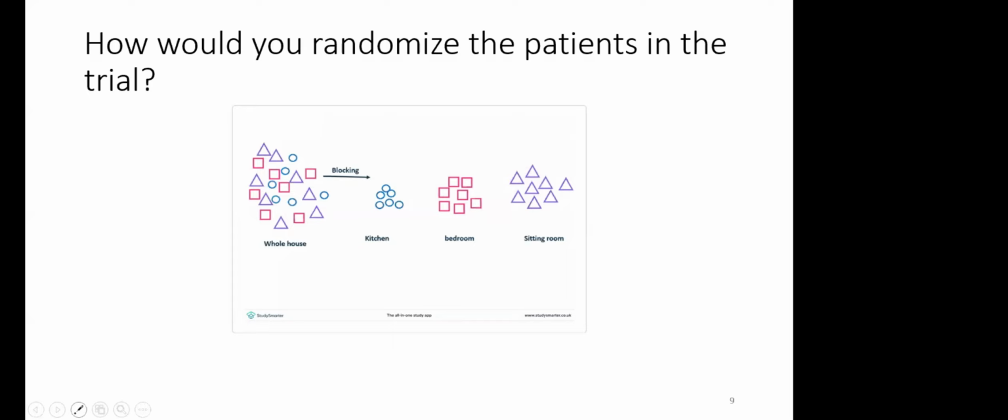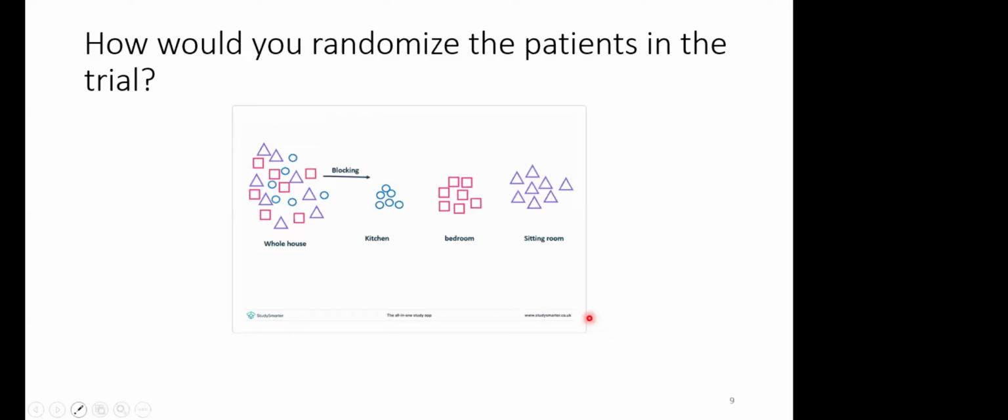So in blocking, participants are usually grouped into blocks based on some similar characteristics that are shared. And then from those blocks now, we pick a random number of people to go into the intervention group or the control group. So the advantages of blocking are that it prevents large imbalances in group sizes over time.